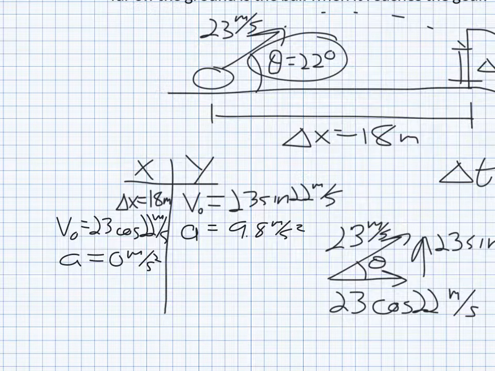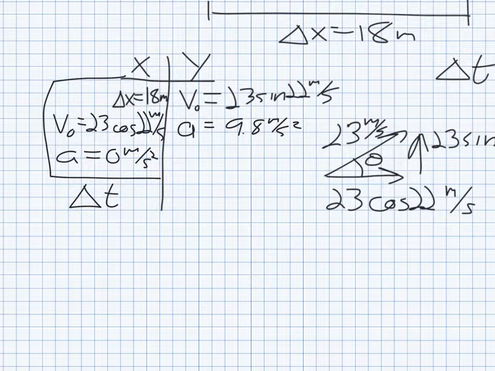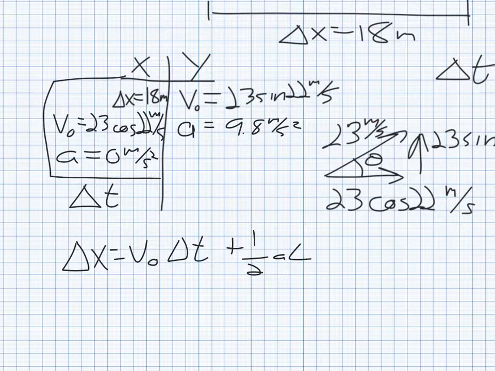So my first question was delta time. I have 3 givens on the delta x side. That is enough to get my delta time. So let's go ahead and solve for delta time. In this case, I will use delta x equals v naught delta t plus 1/2 a delta t squared. And a is 0 in the horizontal direction, which is the one I'm doing. So I'm not going to have that term.